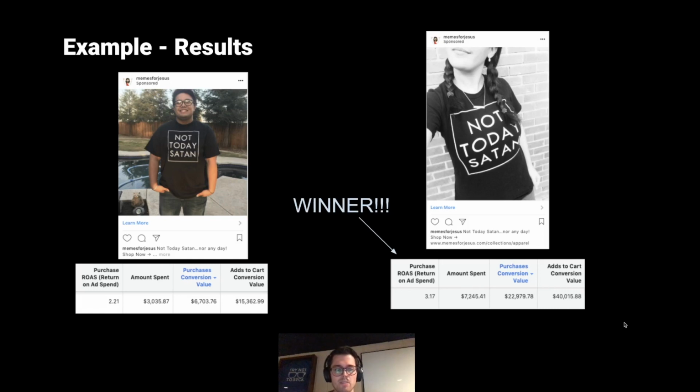The one on the left, we spent $3,000 to make $6,700 back at a 2.21 return on ad spend. The one on the right, we spent $7,000 to make $23,000 at a 3.17 return on ad spend. So here it's very clear which ad is better, but we wouldn't have known that if we didn't test them, right? The one on the right was better. It seems like ads showing women are doing better.